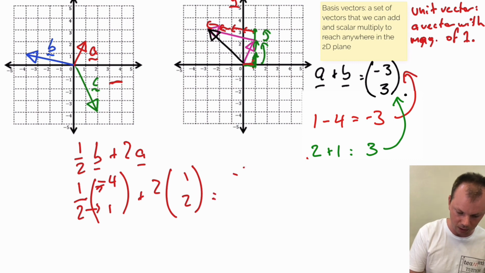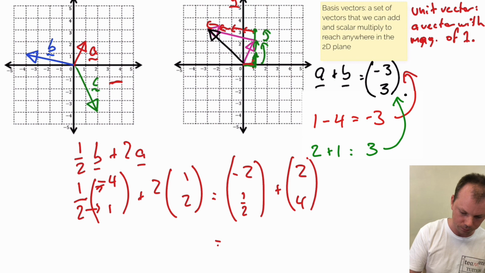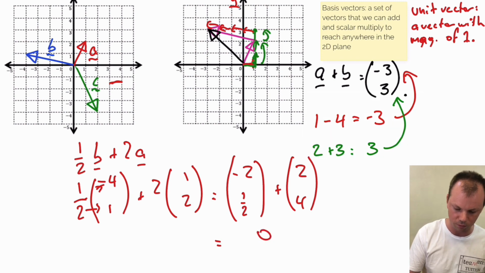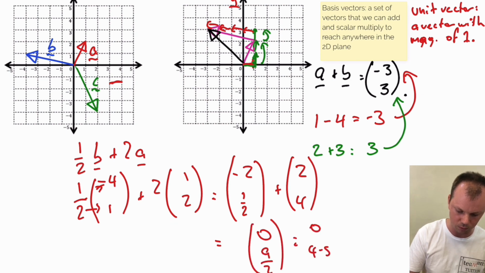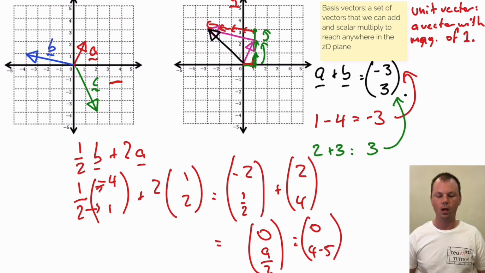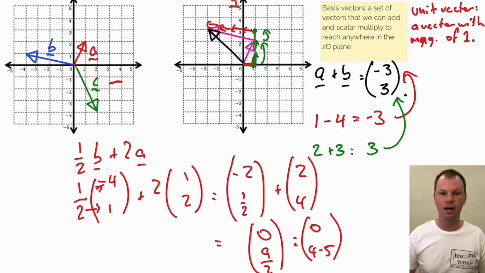So we've got -2, 1/2 plus 2, 4. And then you're adding together the 2 there. So you can get 0, 4.5, which is 9 on 2. Or you could express it as 4.5. Okay, so that is our vector arithmetic using component vectors.